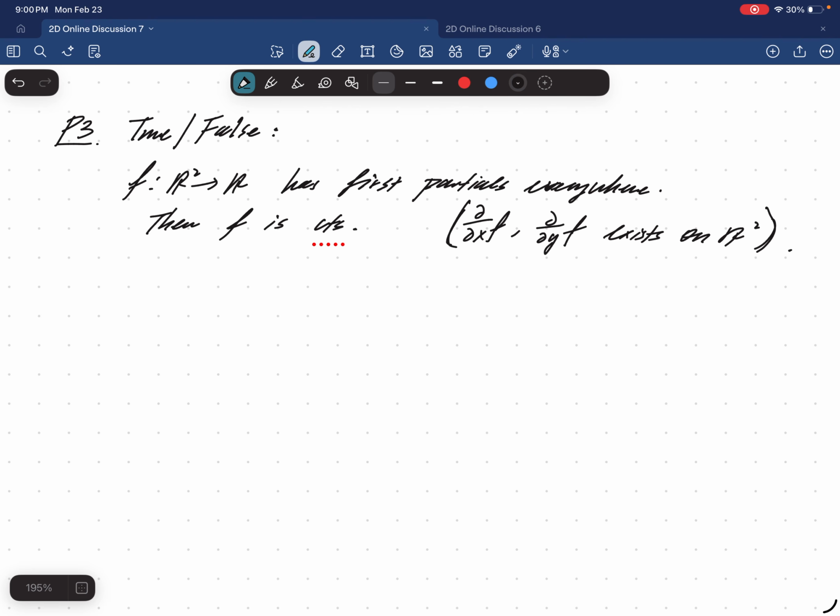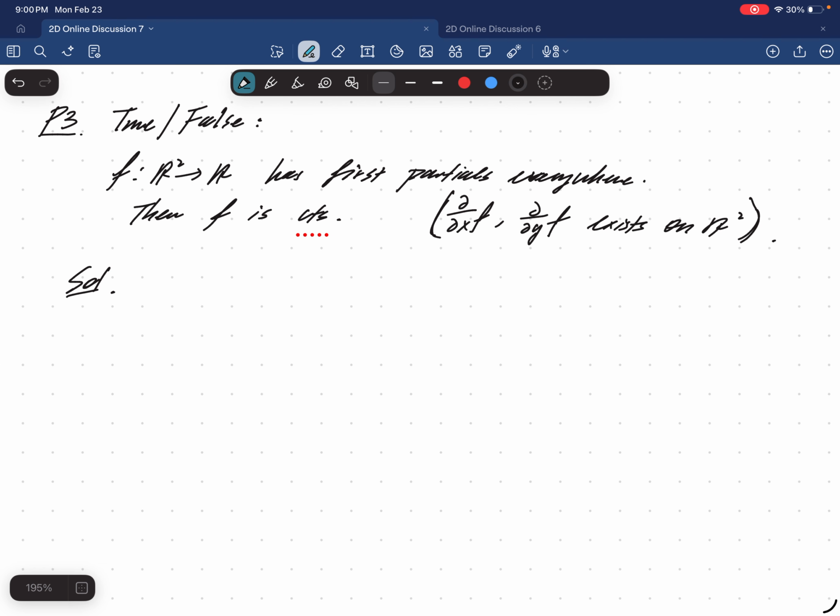Again, allow yourself to ponder upon this question, and if you think it's true, provide an explanation, and if you think it's false, provide a counterexample. So the answer to this question is actually false.